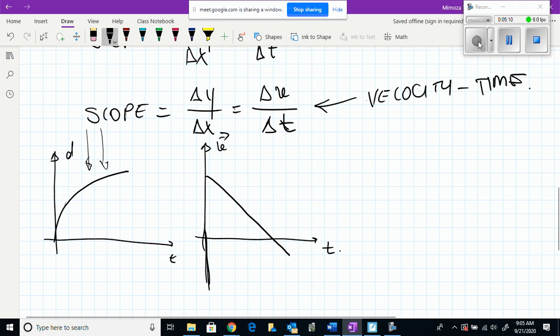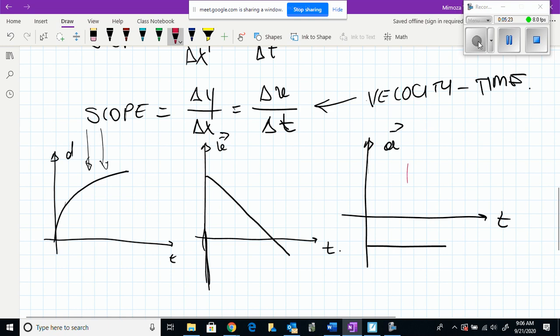So this is falling down. And then the acceleration time graph will be a negative one. So this is telling us that we are dealing with a non-uniform motion, a motion that doesn't have the same velocity. The velocity changes because the change of the velocity will produce acceleration.